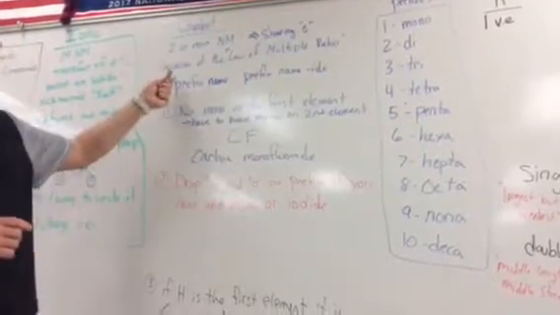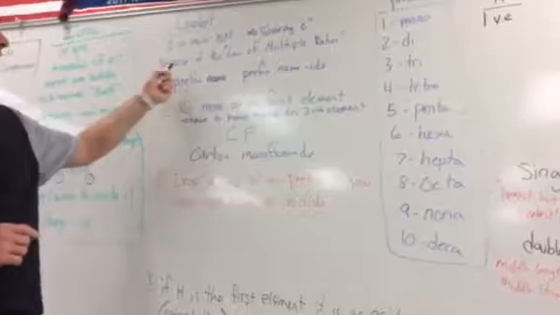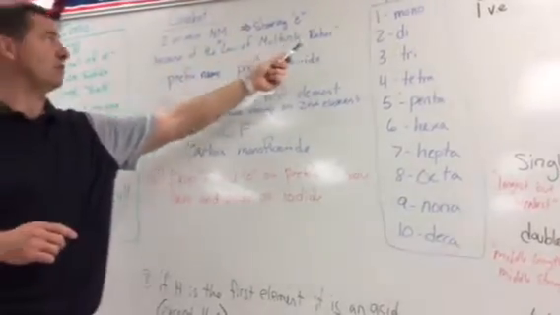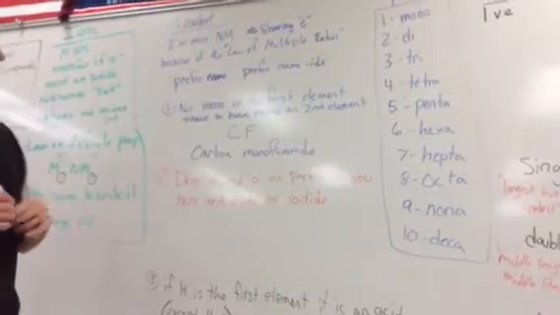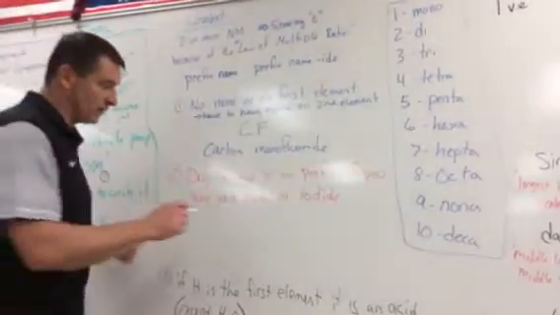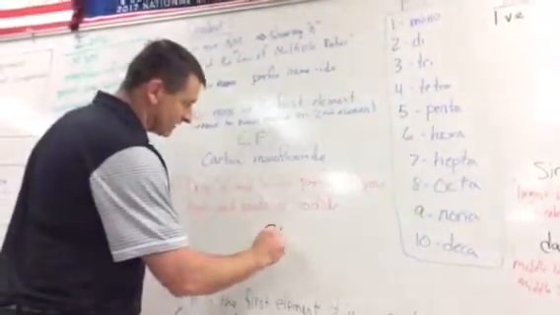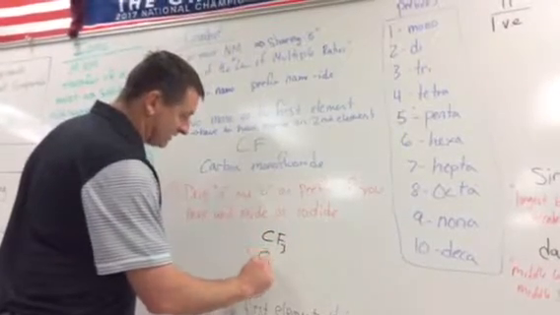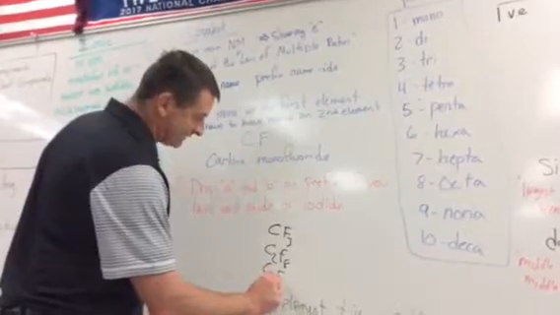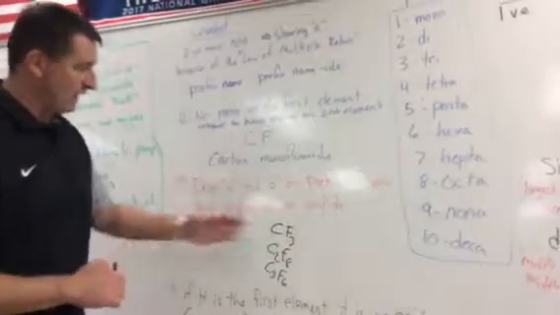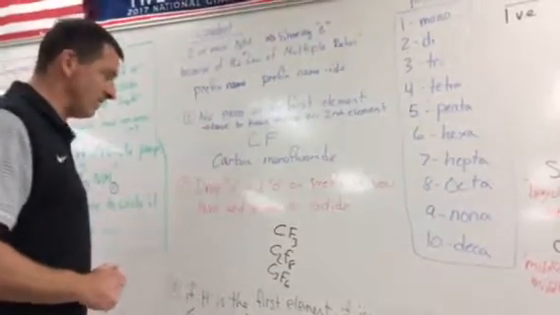All right. Now, because of that, we use the law of multiple ratios, and because there's multiple ratios, there's a lot of different ways it can exist. So you could have something like CF3, you could have C2F8, you could have C3F6. There's multiple ways to write these nonmetals together.